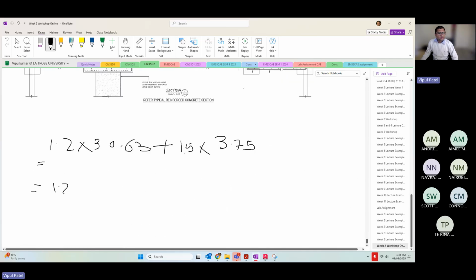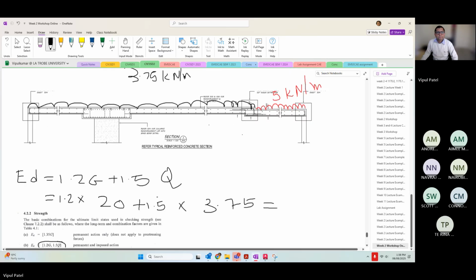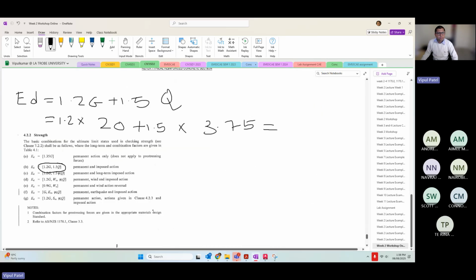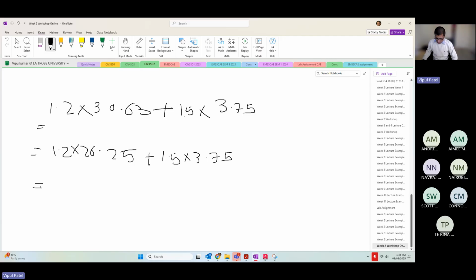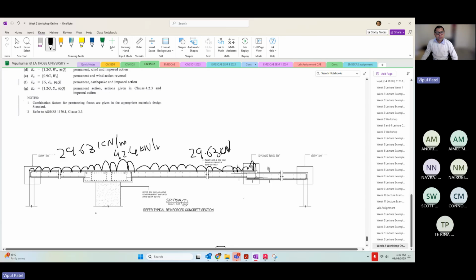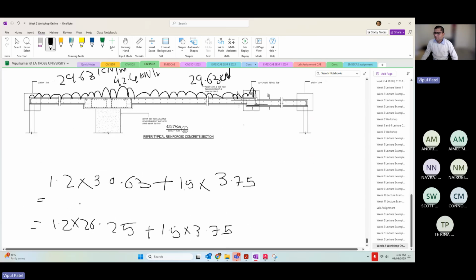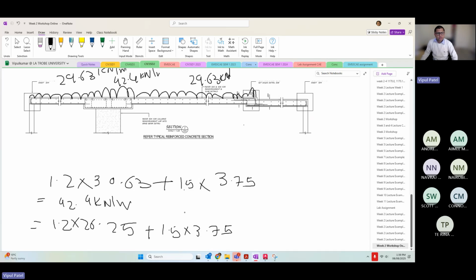So 1.2 times 26.25 plus 1.5 multiplied by 3.75 gives 37.13 kilonewton per meter. And here was 42.4 kilonewton per meter.